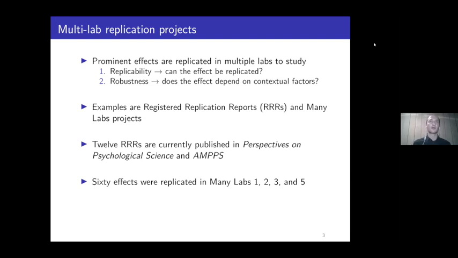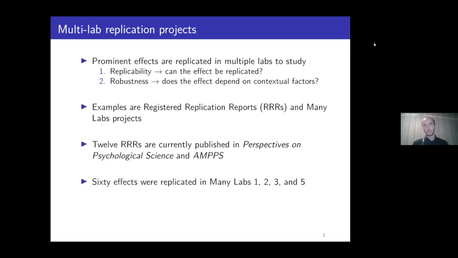This can be an interesting finding that we can also use later on for setting up new studies. Examples of these multi-lab replication projects are the registered replication reports, so RRRs. In these RRRs, usually one effect is replicated across multiple labs. And there are also the Many Labs projects, usually initiated by the Center for Open Science, where multiple effects are replicated within a project.